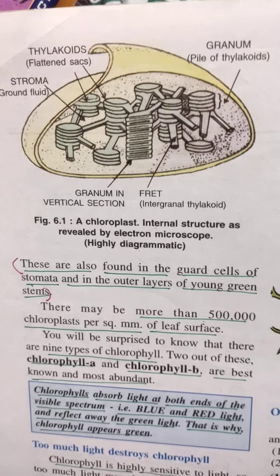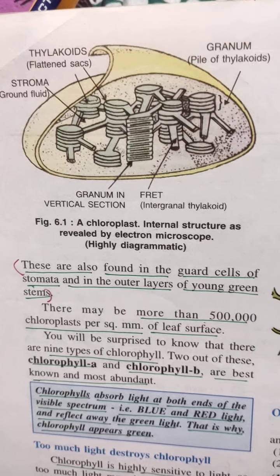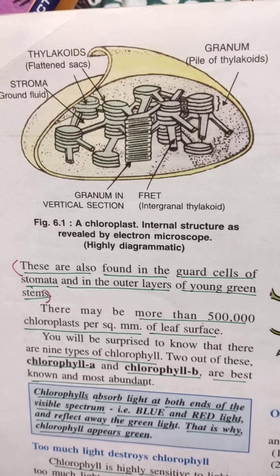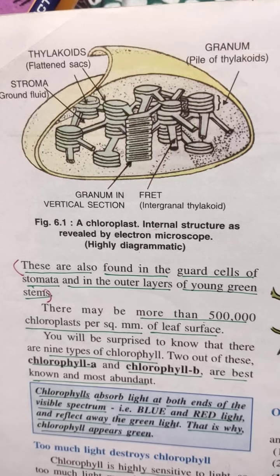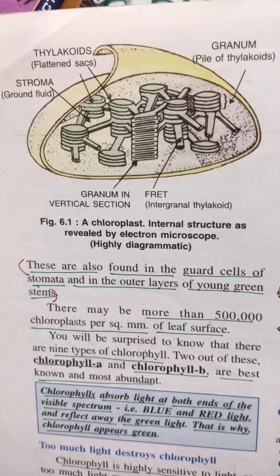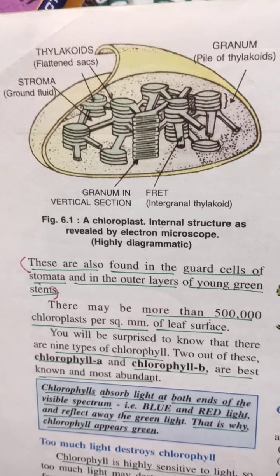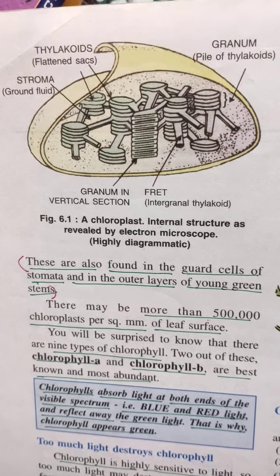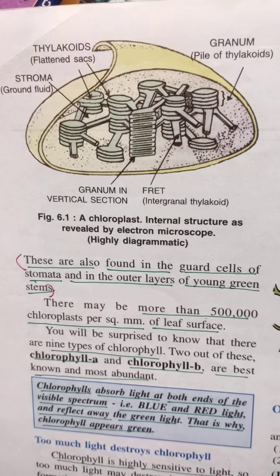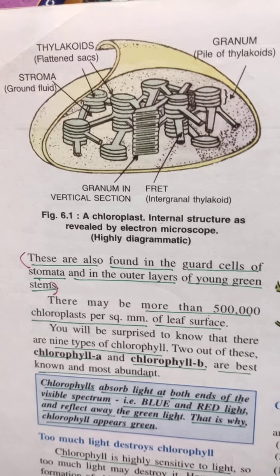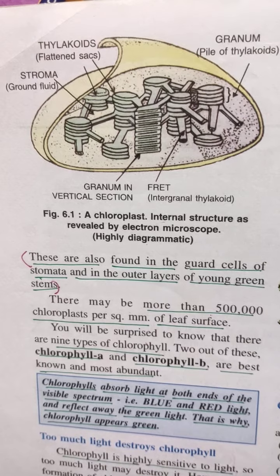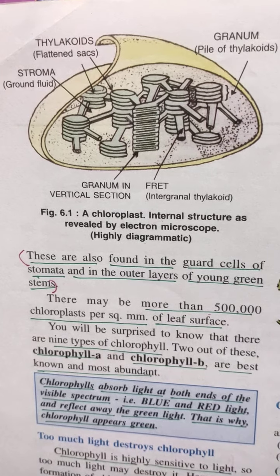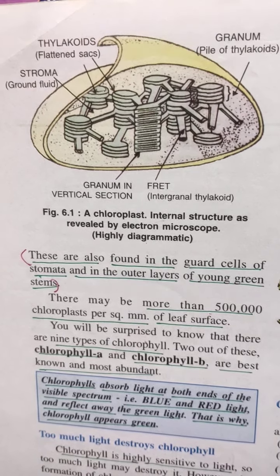See, this is the diagram. We are getting an oval shaped structure. Also, we are getting a double membraned sac structure. Also, we are getting the pile of thylakoids, collectively known as granum, and we can also see the ground fluid or the ground matrix known as stroma.